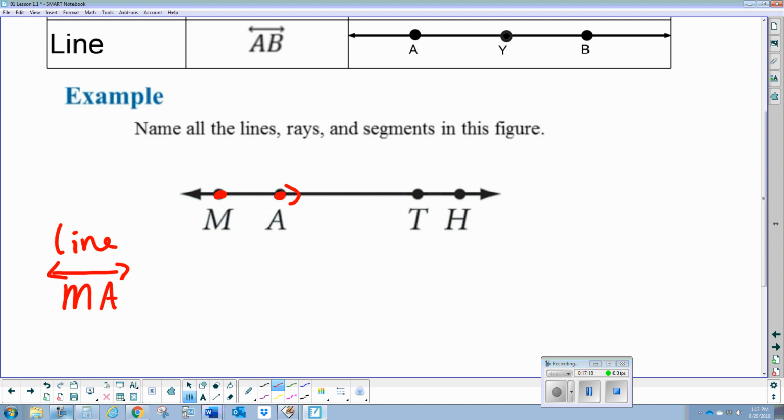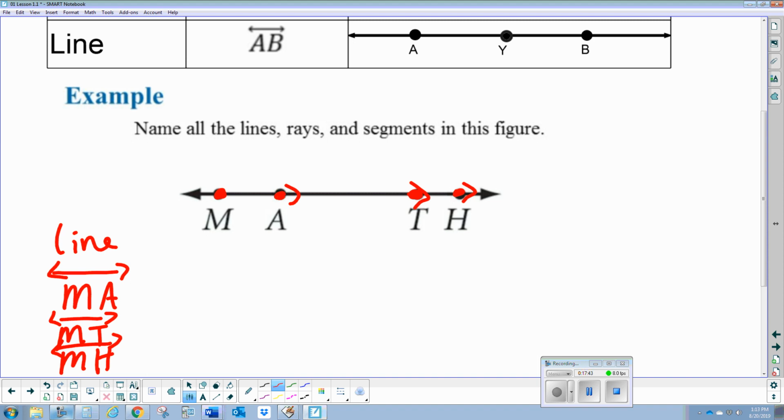It could be MT, starting at M and going forever through T and on forever. Or it could be MH, starting at M and going forever through H.